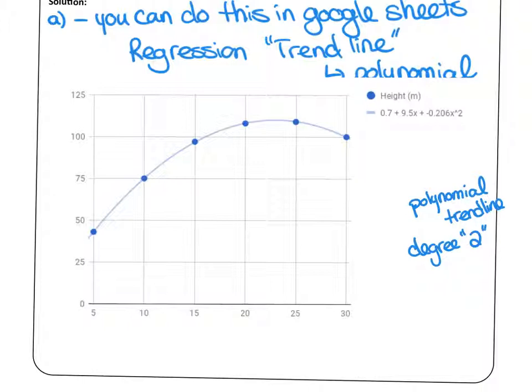As you can see, I was able to graph it. I inputted the trend line, or the regression line, and I chose it to show the formula. You can see in the formula here, it's kind of backwards to what I had originally said. It puts the x squared at the end instead of at the front, but it's got an x squared right there. So they did give us a quadratic.